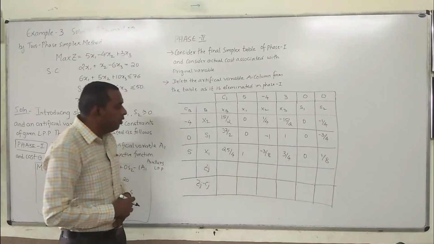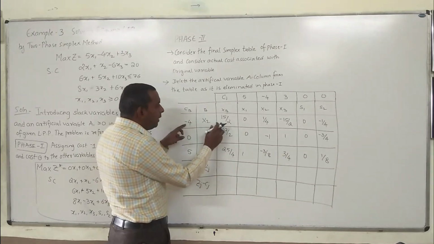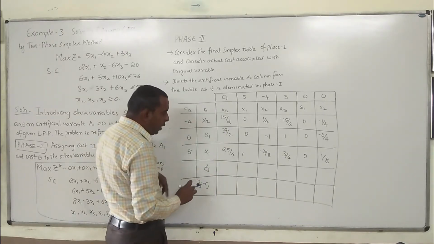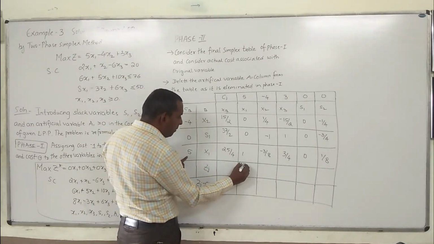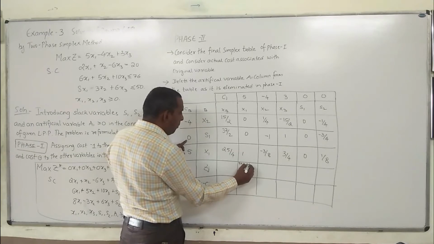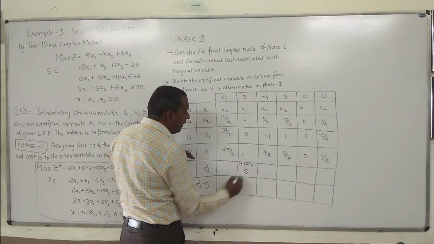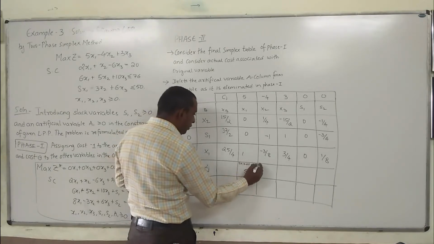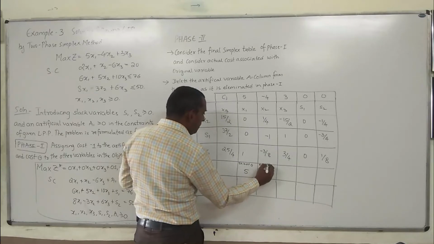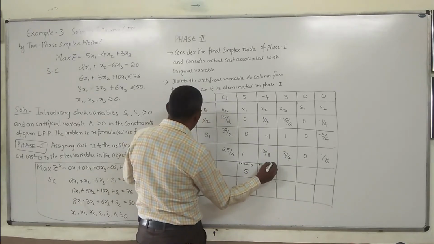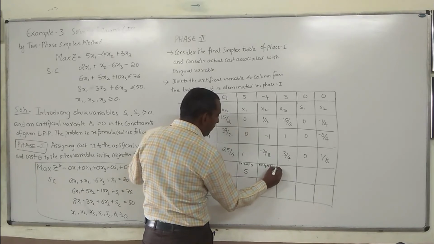So what is the Zj value? Zj value is this into this plus this into this plus this into this. This into this, that is 5 into 1 plus 0 plus 0. So answer is 5. Whereas this into this, that is 5 into minus 3 by 8 plus 0 plus 1 by 4 into minus 4.